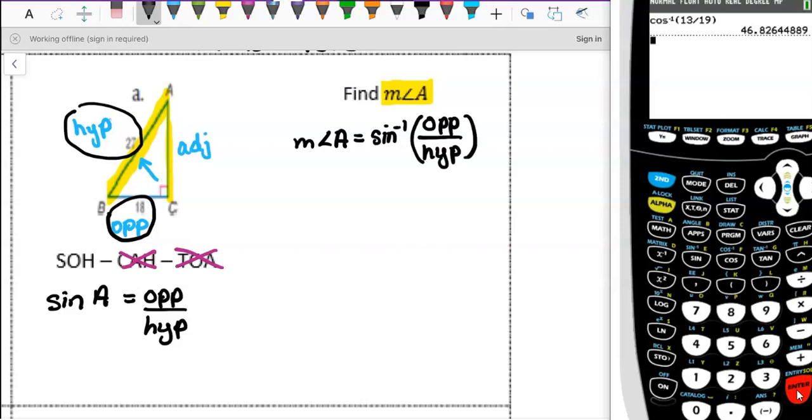Now we substitute in: the measure of angle A equals the inverse sine of my fraction. So let's see our fraction. The opposite was 18. The hypotenuse was 27. So 18 over 27.